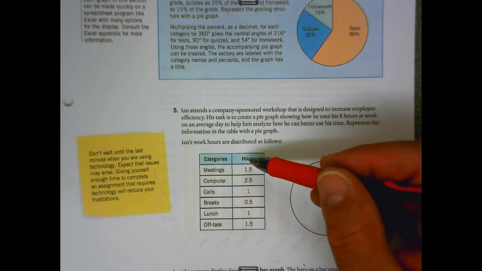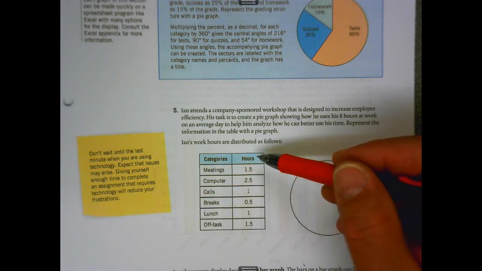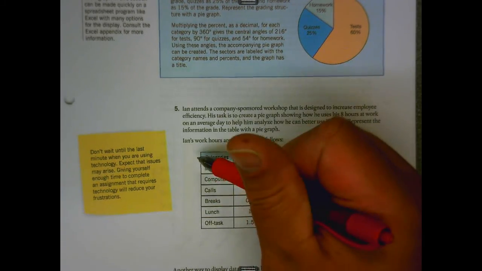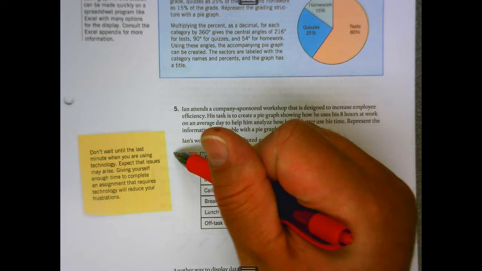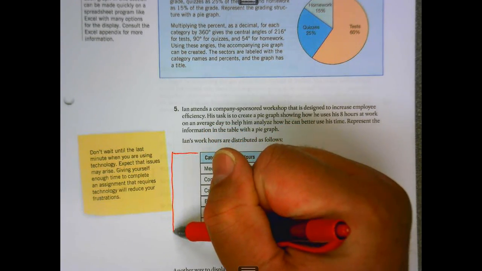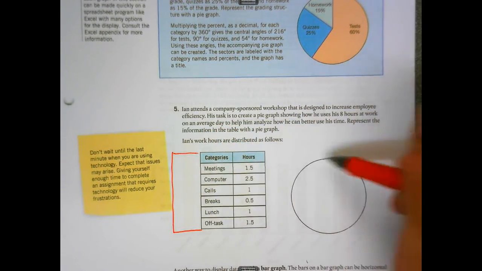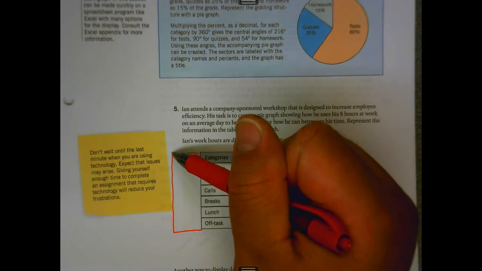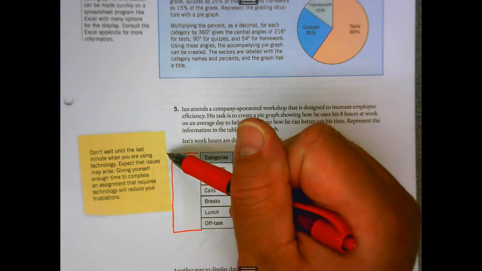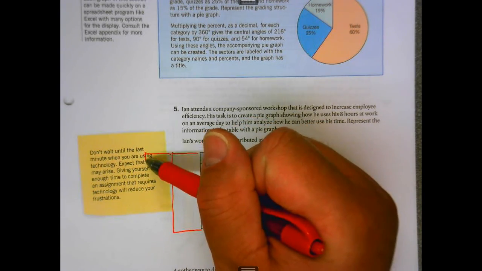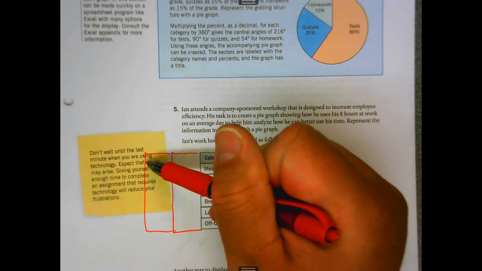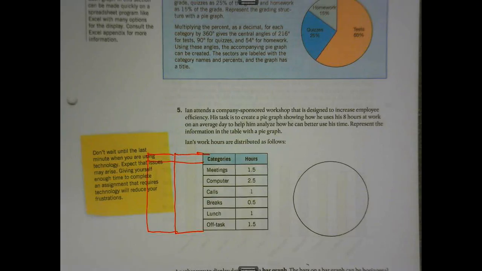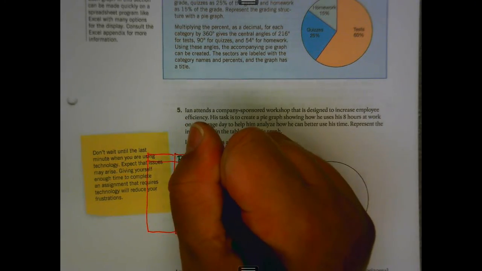It's better if they gave us more room over here. And then we're going to need the central angle. So we need percent, and then central angle.